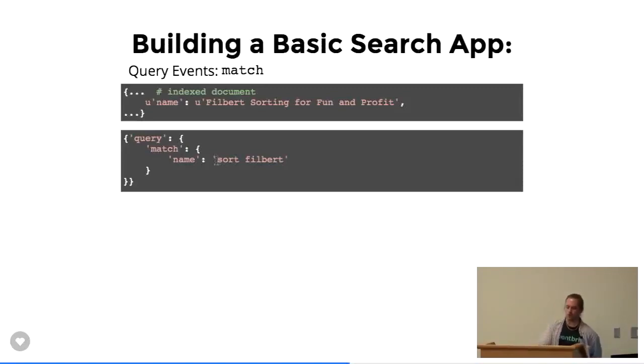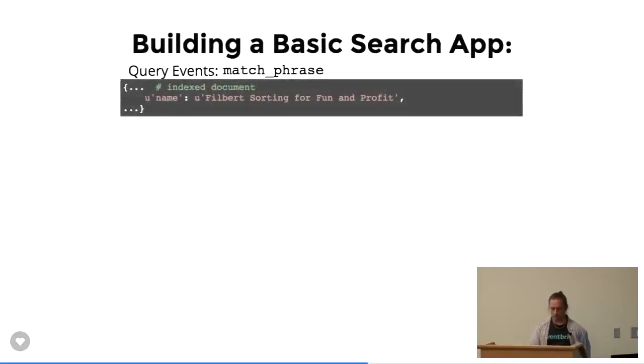And so rather than looking for sort Filbert, the exact tokens there, it knows that it can be lowercase. We can split on spaces. Sorting and sort should be basically the same information. And so that's a match. So compared to what you think about how you'd have to do that in MySQL, you would have to make a horrendous query to make that one simple match right there. And it would also be very poor performing for reasons that I'll get into in a little bit.